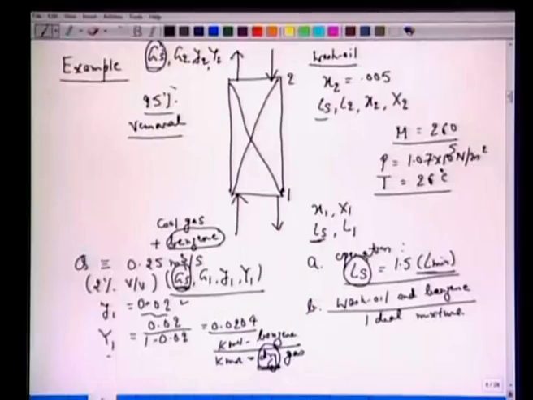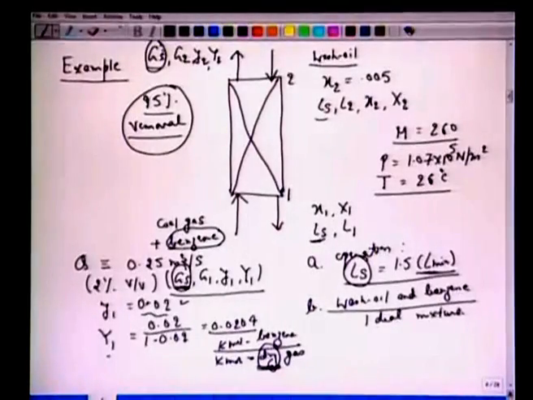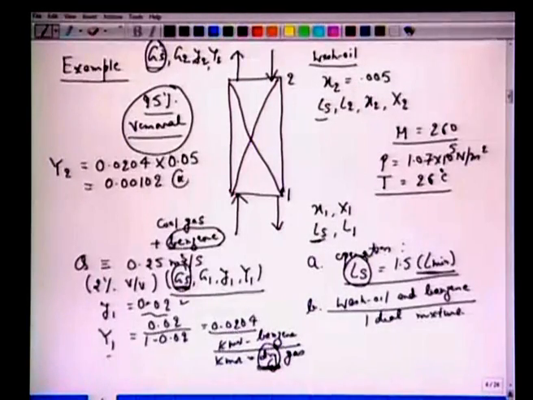Now it says 95% removal, which means immediately we can say capital Y2 is 0.0204, what we calculated, times 0.05, since we require 95% removal and the remaining is 5%. So we have Y2 as 0.00102, and the unit is the same as what we have written here, kilomole of benzene per kilomole of dry gas.